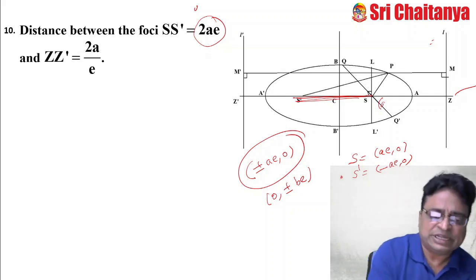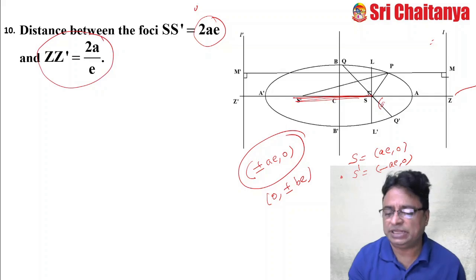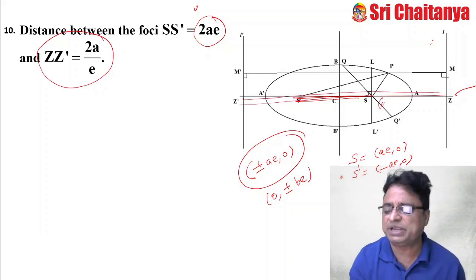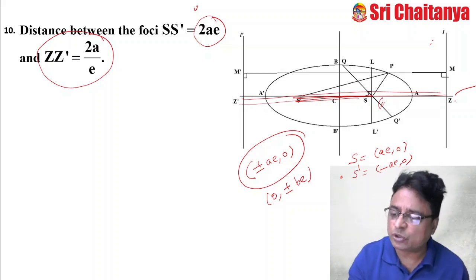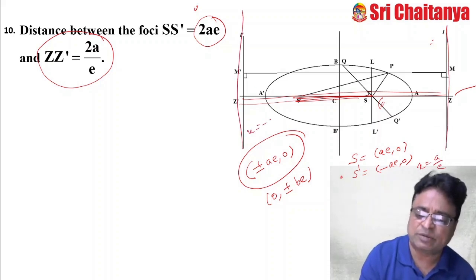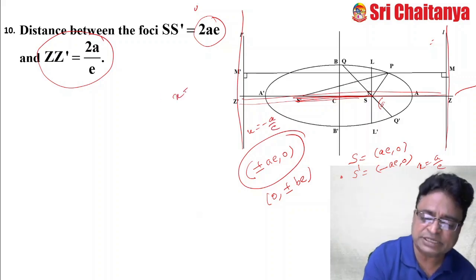And moreover, the distance between Z and Z dash is equal to 2a by e. Whenever the distance between Z and Z dash is 2a by e and C is the midpoint, the equation of this directrix is x equal to a by e, and the equation of the other directrix is x equal to minus a by e. Therefore, the equations of the directrices are x equal to plus or minus a by e.